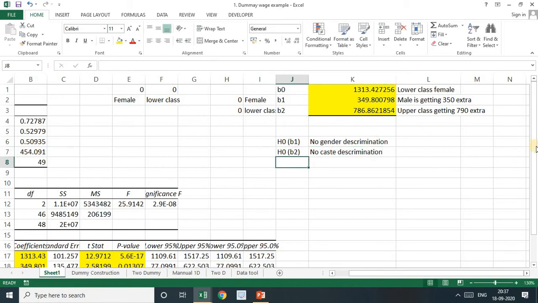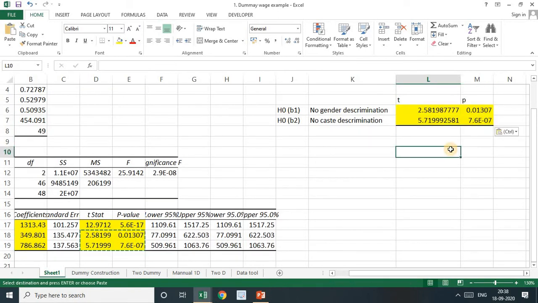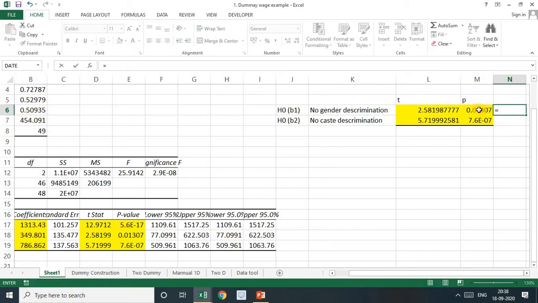Look at this t value and p value. This p value says that you can reject the null hypothesis, as 1 minus this gives 98.6% confidence that you can reject the null hypothesis.